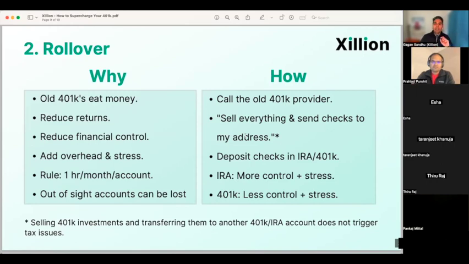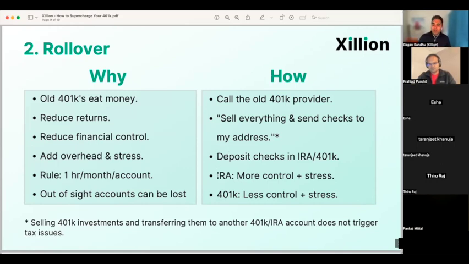That's it. There is no tax issue with that, because the money will go from 401k to 401k or 401k to IRA. When you get those checks in the mail, call your new 401k and ask, where do I send these checks? And send those checks. That's it. It literally shouldn't take more than 30 to 45 minutes of your total time. Please do it. Totally worth it.